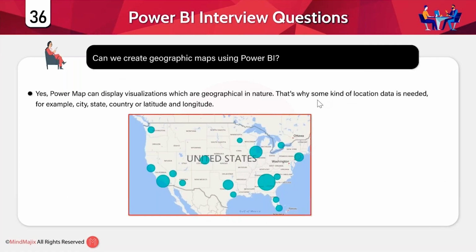Okay, so coming on to the 36th question, as we have understood the maps and the functions, as I was talking about the bubble chart, you can see on the screen the difference between the geographical map when used from Power BI and the type of charts that we have covered earlier.